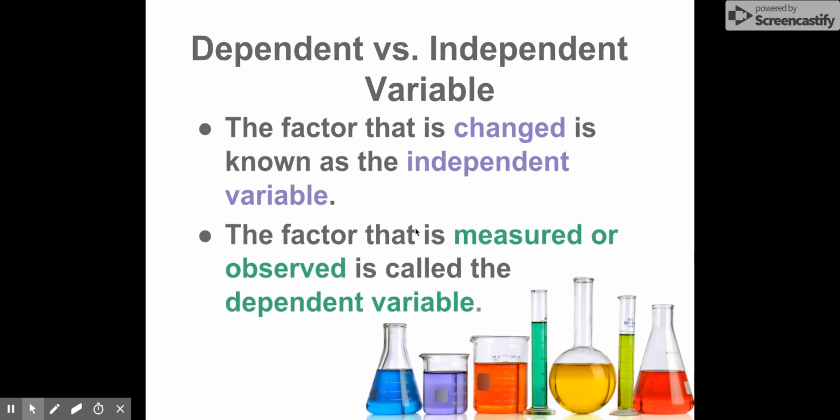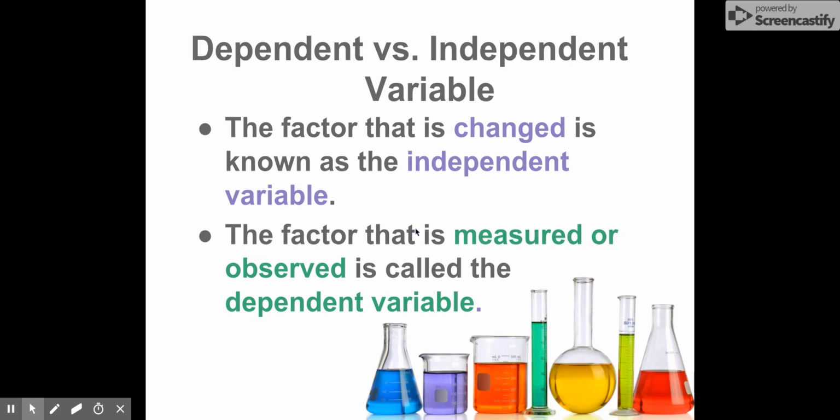So there's 2 different types of variables. There's the variable that is dependent and independent. So the factor that is changed is known as the independent variable because someone that's independent is relying on somebody. So that's why the factor is being changed. It's dependent on your decision.